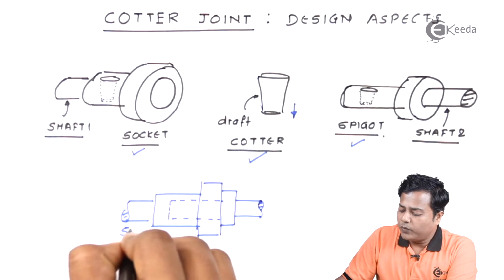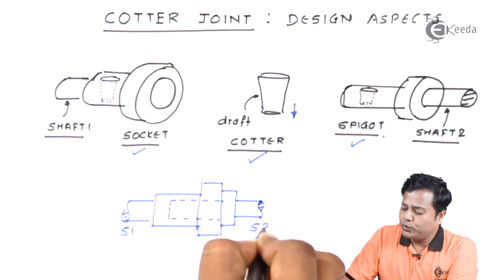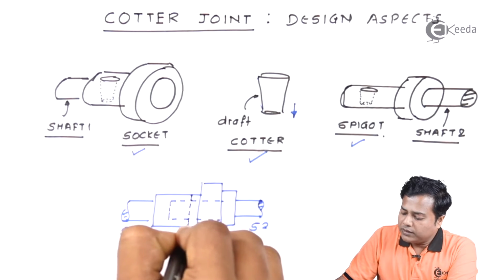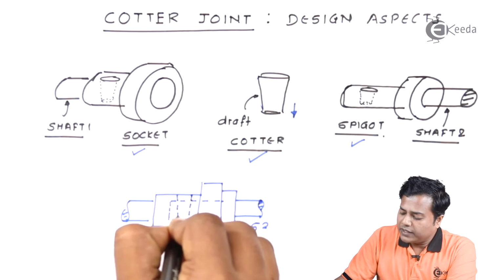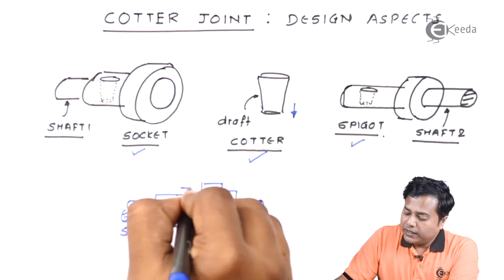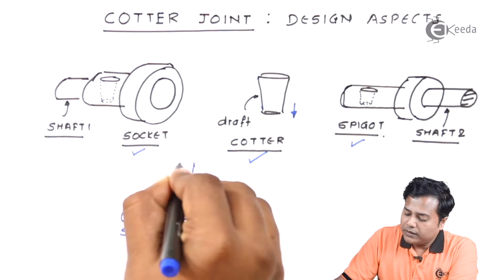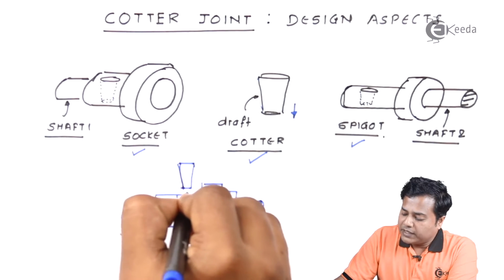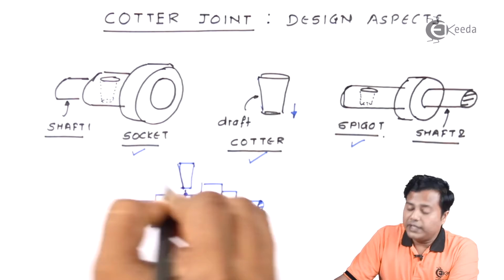This is shaft 1, this is shaft 2, and the cavity that they have in common coincides, so that the Cotter can be inserted inside it very easily.